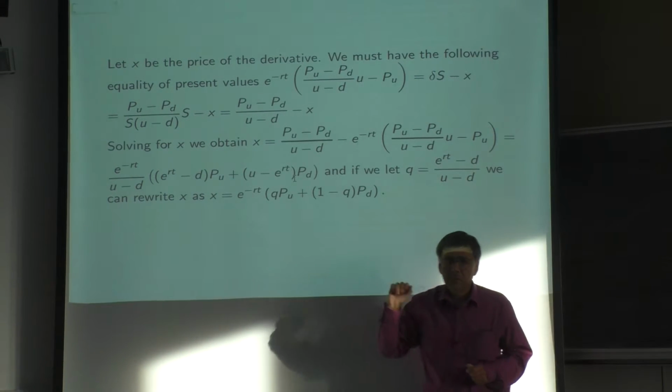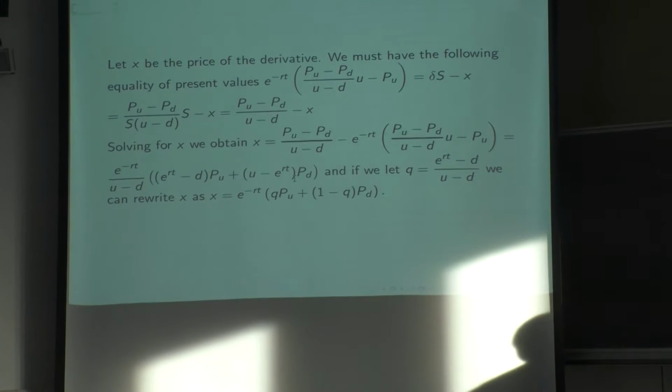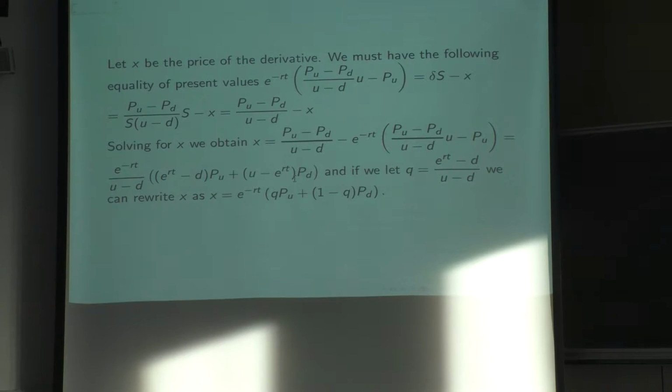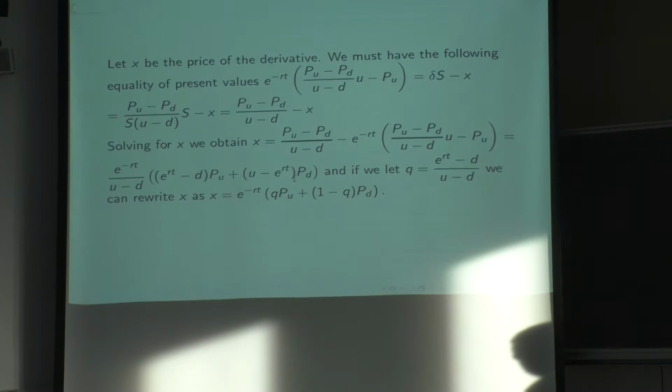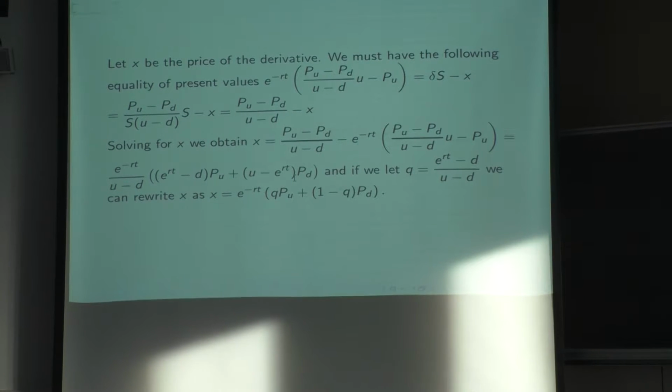And now you can look at this and you can ask yourself, why am I bothering with this q? What is this q doing for me? Suppose that I told you that q is a probability. I'm not telling you this, but suppose that I did.